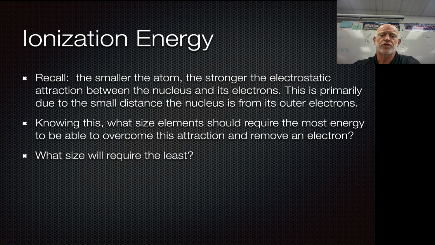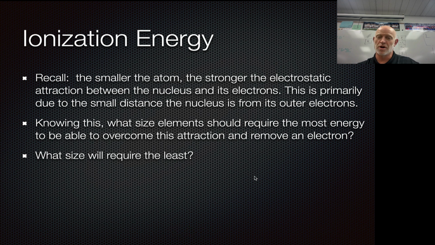Okay. So one major concept we have to have down before we can move forward is reminding ourselves that the smaller the atom, the stronger the electrostatic attraction. Those electrons are held by the nucleus. And the smaller that atom is, the tighter they hold those electrons. So would we expect big atoms to hold on to their outer electrons really well?